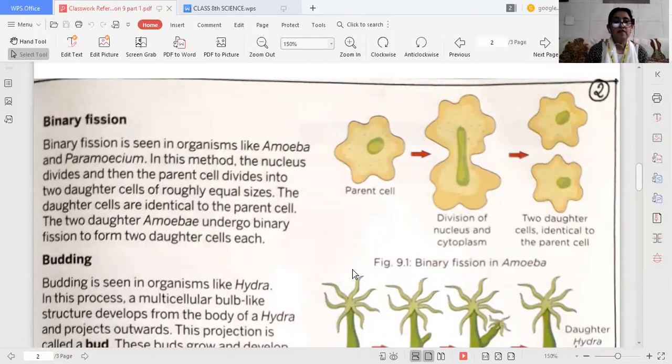In this method, first the nucleus starts to divide, and after that the cytoplasm also divides, and then the parent cell divides into two parts, known as two daughter cells, which are identical to their parent cell. The two daughter cells undergo binary fission again, and they will form two daughter cells each. So that is how binary fission takes place.